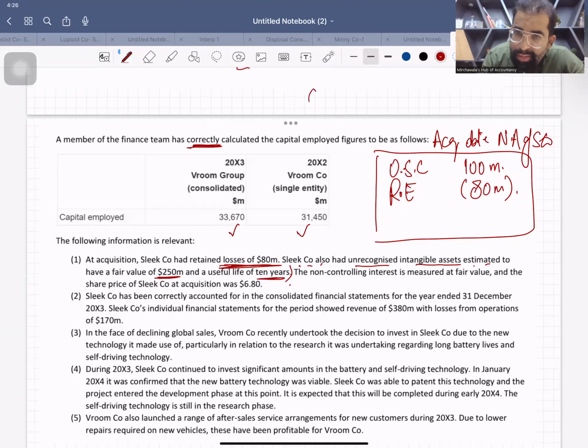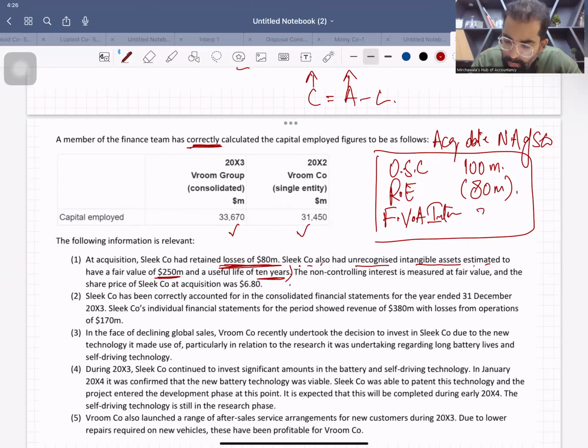Hope you remember, C is equal to A minus L. Remember, it's like an upward fair value adjustment. We'll increase the asset at one end. On the other hand, the net asset will go up. Such intangible assets are like an upward fair value adjustment. Intangible, so it will be 250 million.